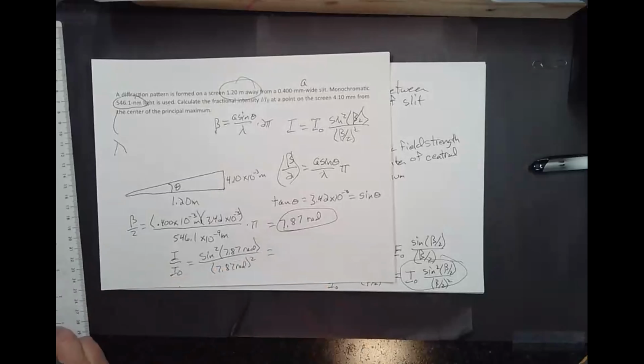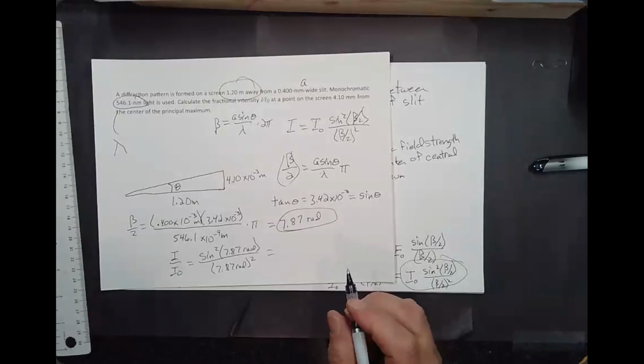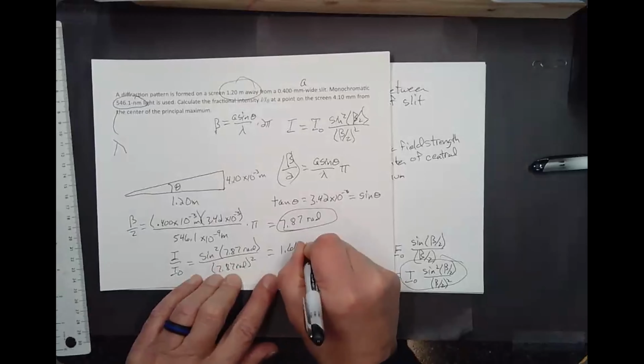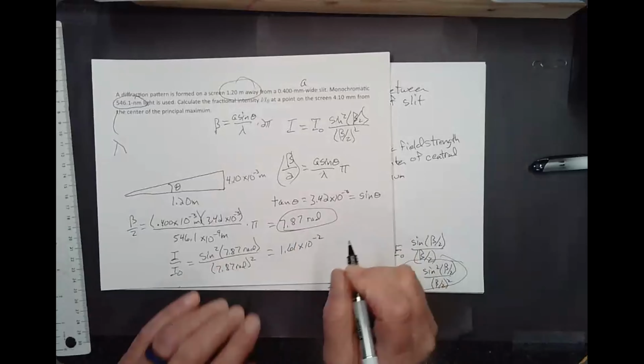So that will equal, oh, let's see. Second answer squared. And I get 1.61 times 10 to the minus 2.